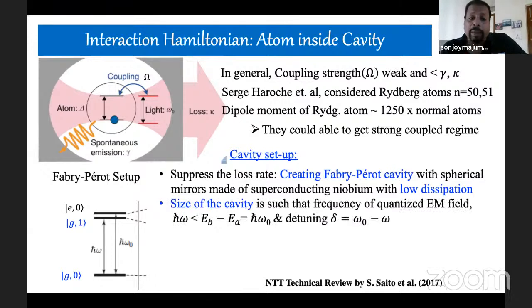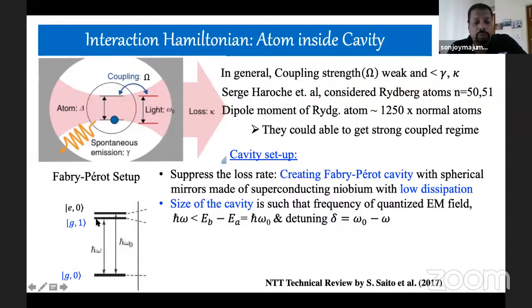Once you have made a cavity, now you have to bother about the size. As you know, this size determines what kind of frequency the photon has inside the cavity, because the frequency it has can be related with the volume of the cavity. So we can make a size profile so that we are close to the resonance frequency.